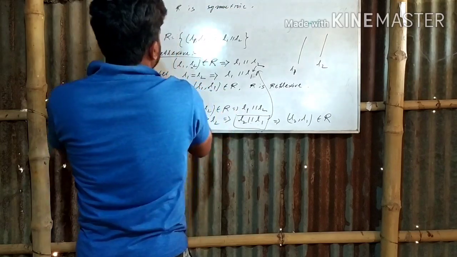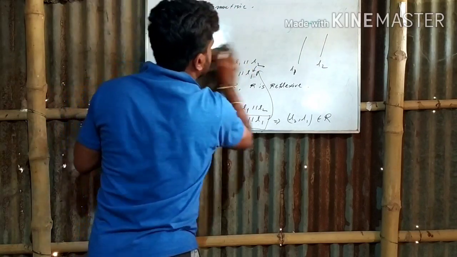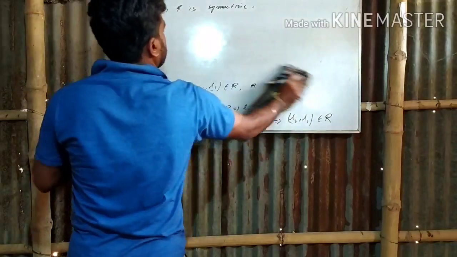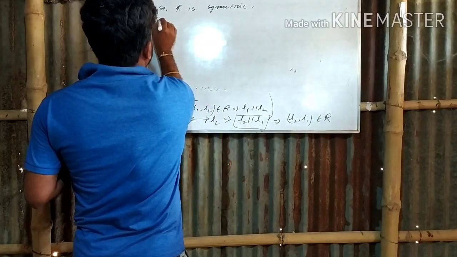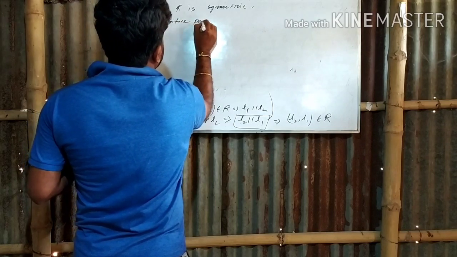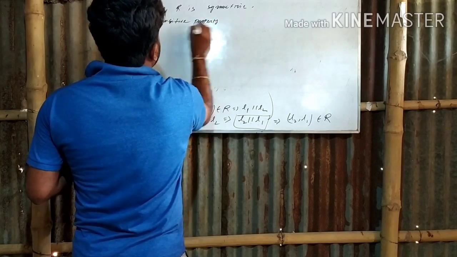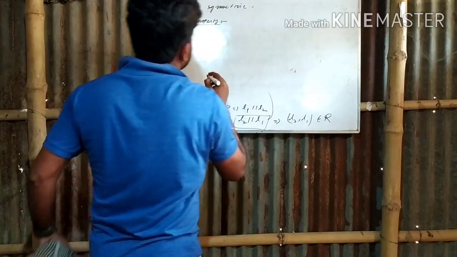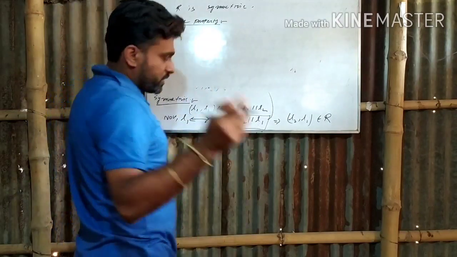Then the next property is the transitive property. For this transitive property, we have to take three elements, that means three lines.